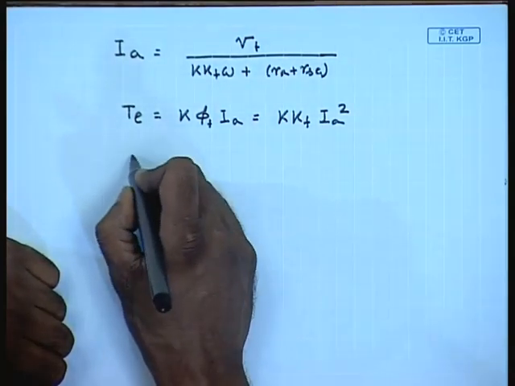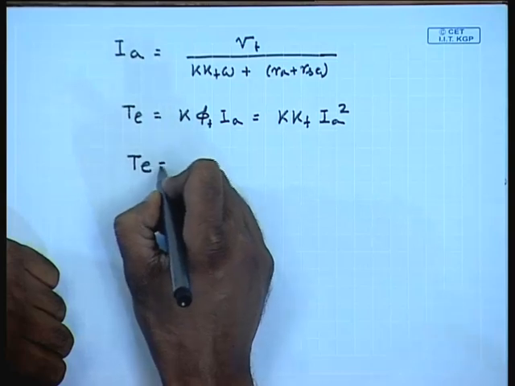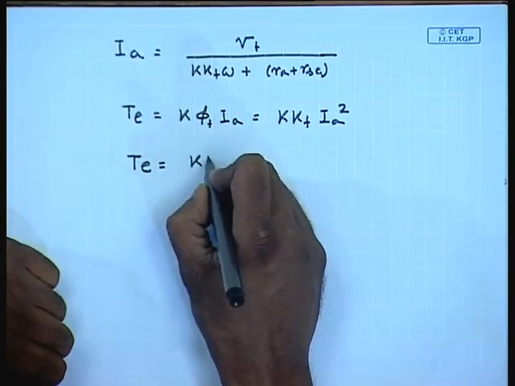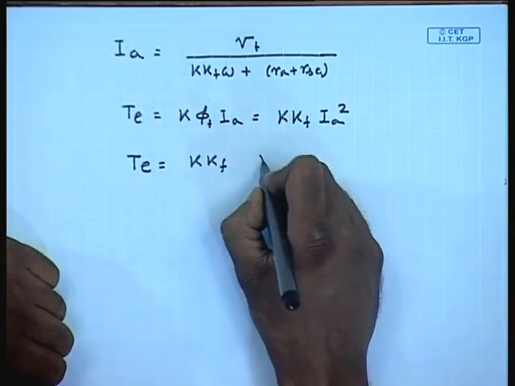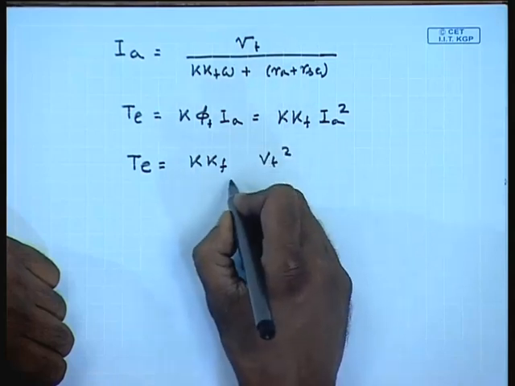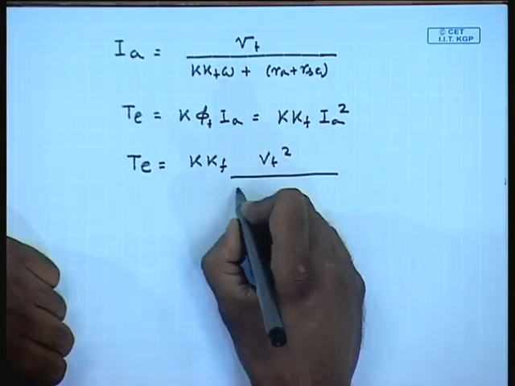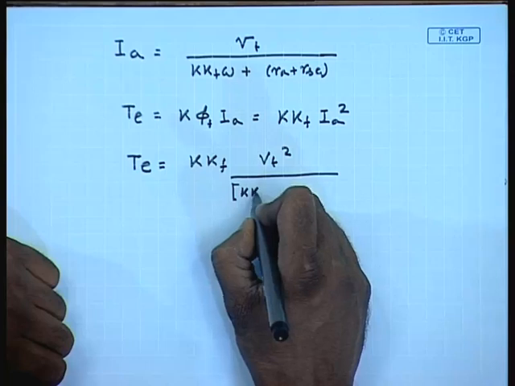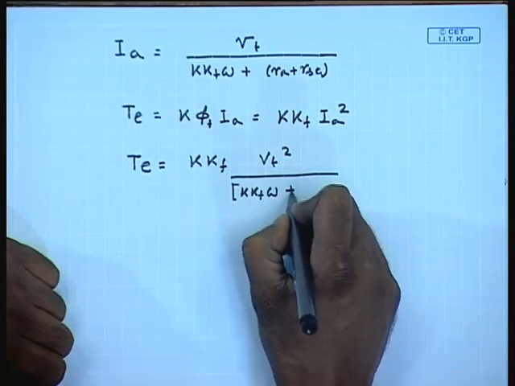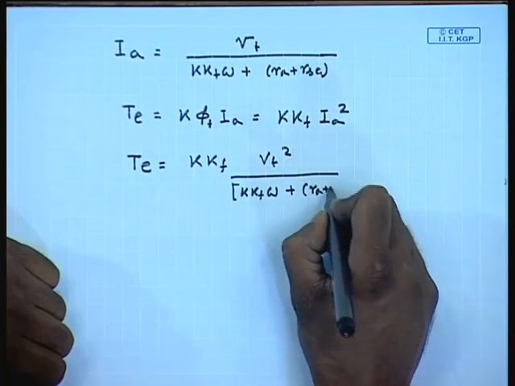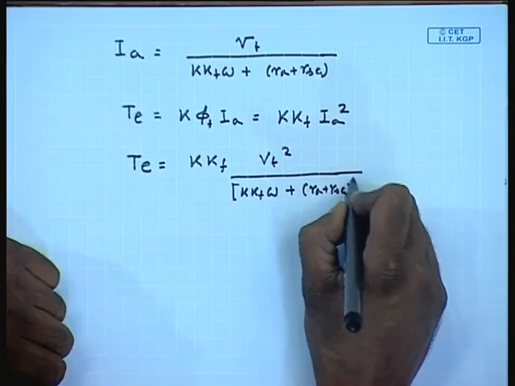Therefore, torque equal to K K f into V t square divided by K K f omega plus R a plus R a c whole square.